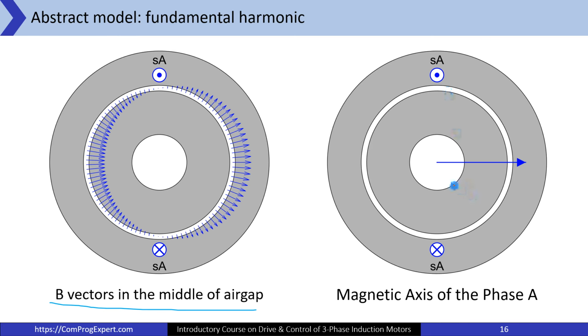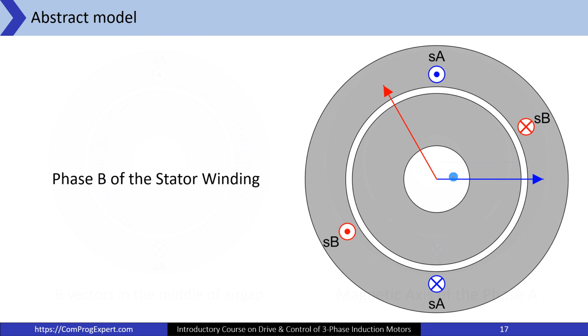So here is the magnetic axis of the phase A. And we have the phase B with 120 degrees phase shift. For a two-pole motor, when the number of poles is 2, mechanical degree is equal to electrical degree. Here we have 120 degrees mechanical phase shift and also electrical phase shift.